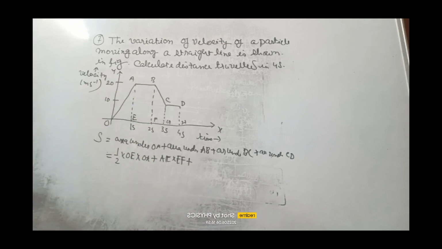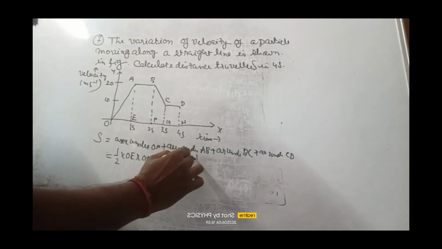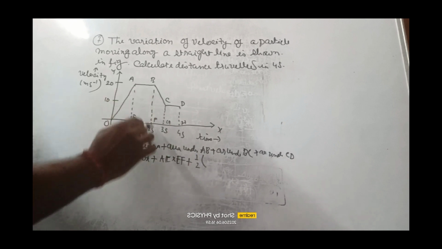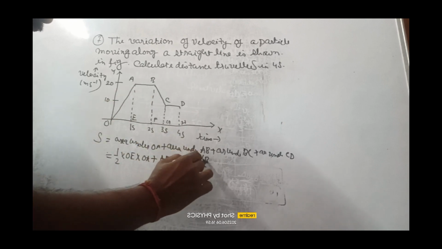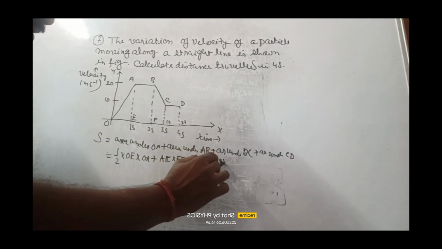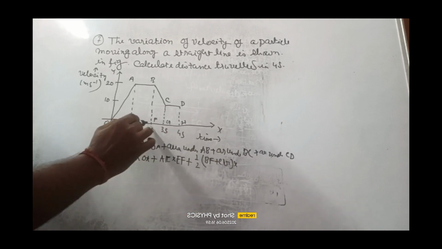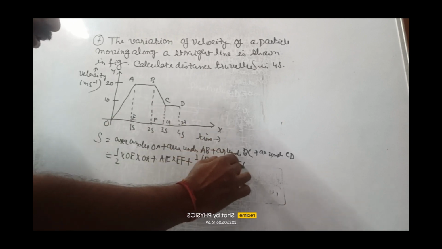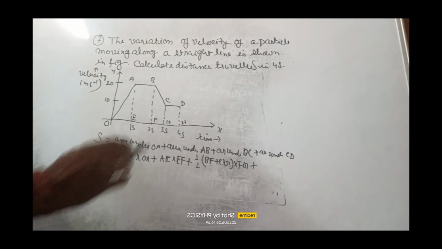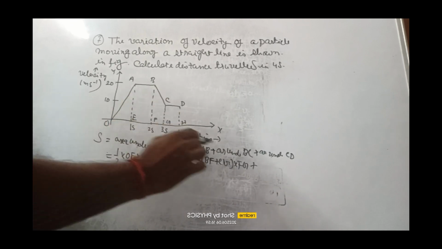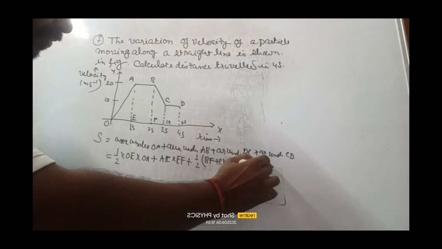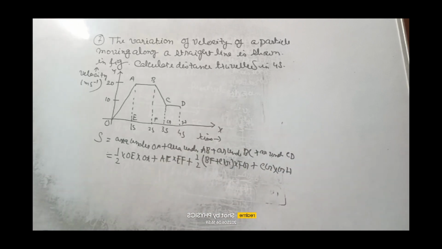BCGF is a trapezium, so half into sum of the parallel sides, that's BF plus CG, into the perpendicular distance FG, plus area under CD, also a rectangle, CG into GH.